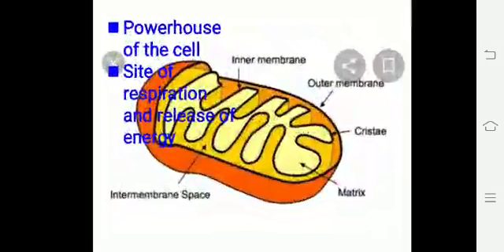What is the function of the mitochondria? Mitochondria is responsible for oxidizing food to release energy. Here, food is broken down in the presence of oxygen and releases energy. That's why we can say mitochondria is the powerhouse of the cell.